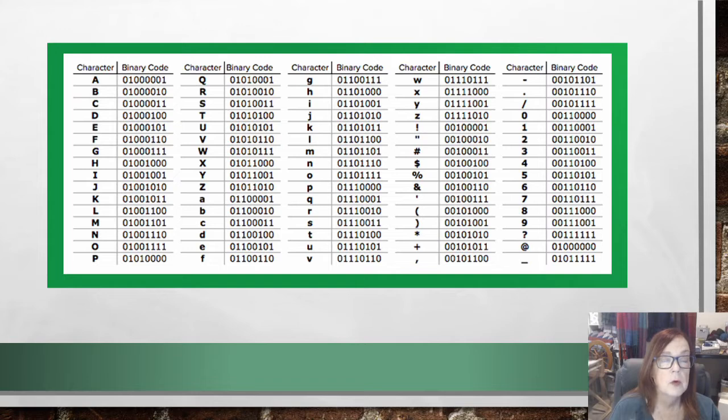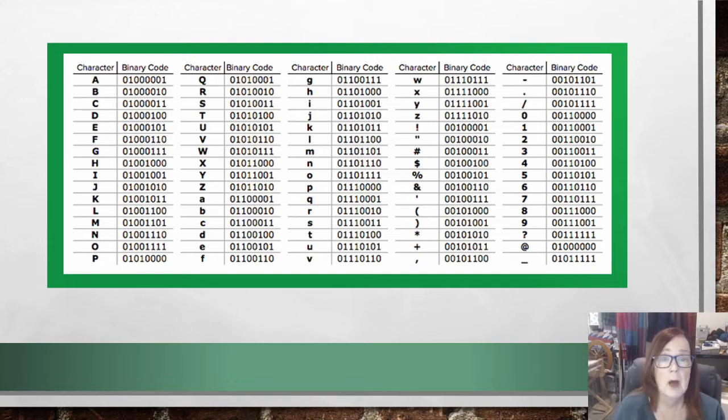Now, those 8 digits of that code are usually referred to as a byte. Each individual digit is a bit. As you can imagine, it takes a lot of bits and bytes to start representing anything particularly meaningful beyond an individual character.